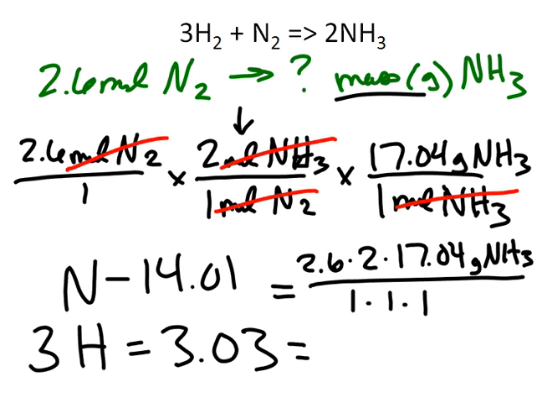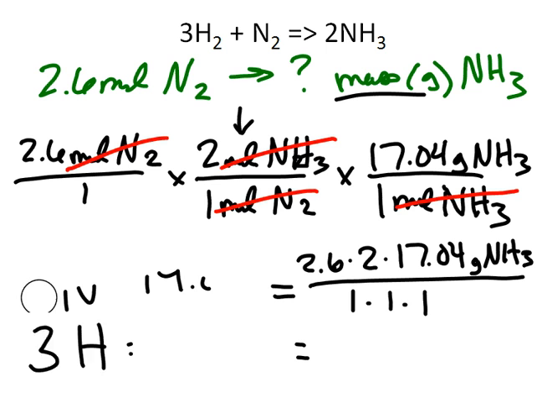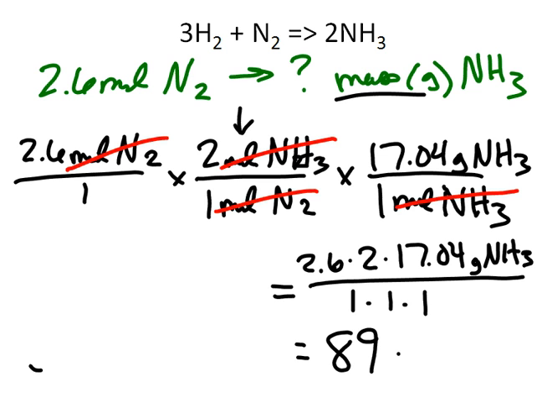My final answer, remembering only 2 sig figs, will end up being 89 grams of ammonia. If I was to ask you for a sentence of this, it would be: 2.6 moles of nitrogen gas will produce 89 grams of ammonia. Okay, so let's look at a couple different types here.